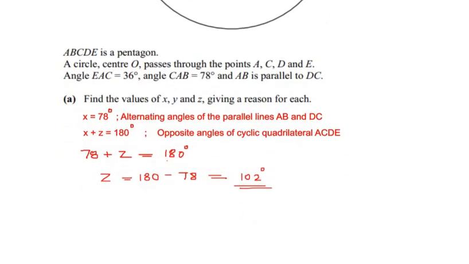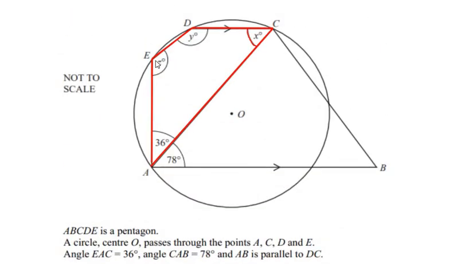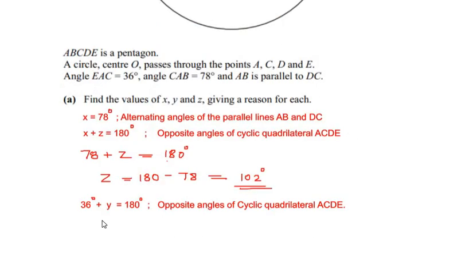So we have here 36 degrees plus y is equal to 180 degrees, and the geometrical reason being opposite angles of the cyclic quadrilateral ACDE. So we find the value of y here as 180 degrees minus 36 degrees and we get the angle as 144 degrees. So we have got the value of x and value of z and value of y.